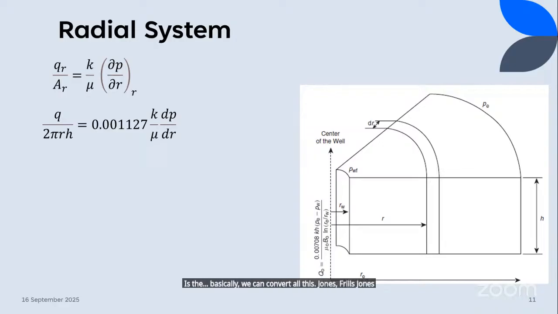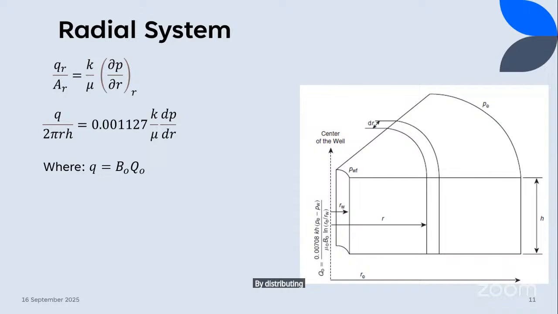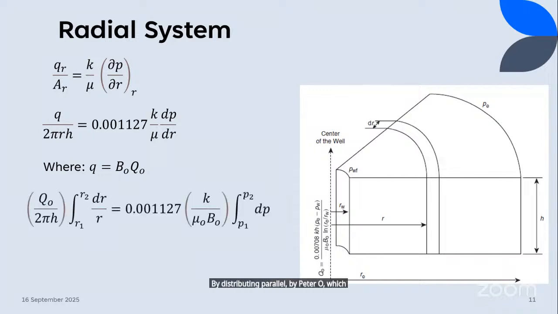And finally, we have the important term, the pressure gradient in the r direction, the radial direction. We can also change the q to be in stock tank barrels instead of reservoir barrels, so we multiply by the stock tank barrel by Bo, which is the formation volume factor.